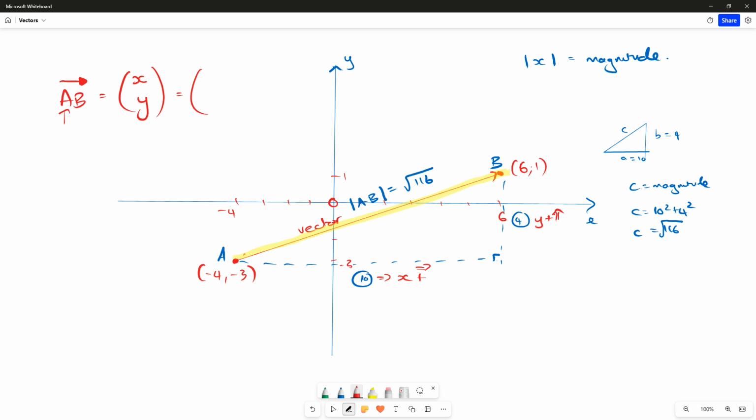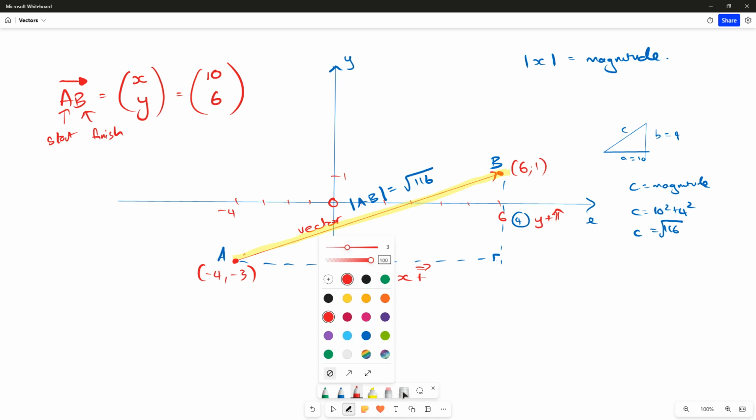Because I'm starting at A and I finish at B, x is going to be the motion from A to B. I moved on an x of 10, so it's positive 10. And then I go y 4. So I got 10, 4, and that would be my column vector.